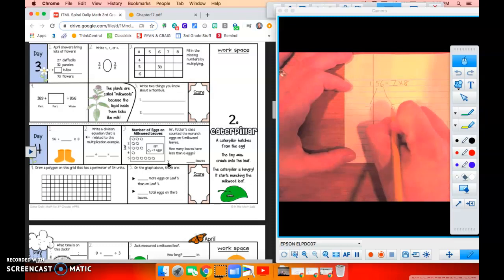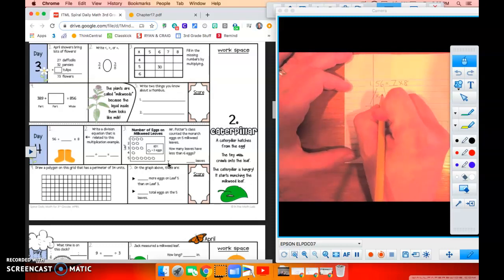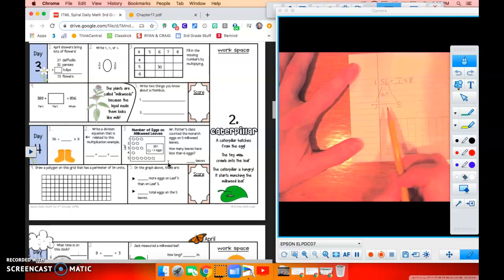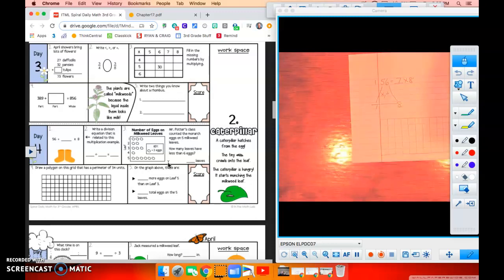So we had a 7 and an 8 here on the bottom, and we're going to have times and division, the multiplication and division symbols. Therefore, we know that 7 times 8 is 56, 8 times 7 is 56, 56 divided by 7 is 8, and 56 divided by 8 is 7. So these three are connected in a unique way.